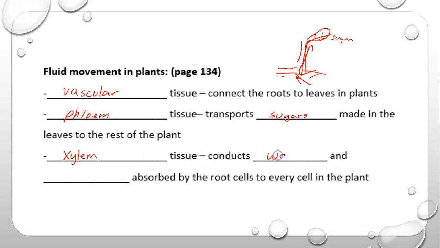It conducts water and dissolved nutrients into the root cells of every plant. And so the water is going to come in here and it's going to drive it up to the leaf.